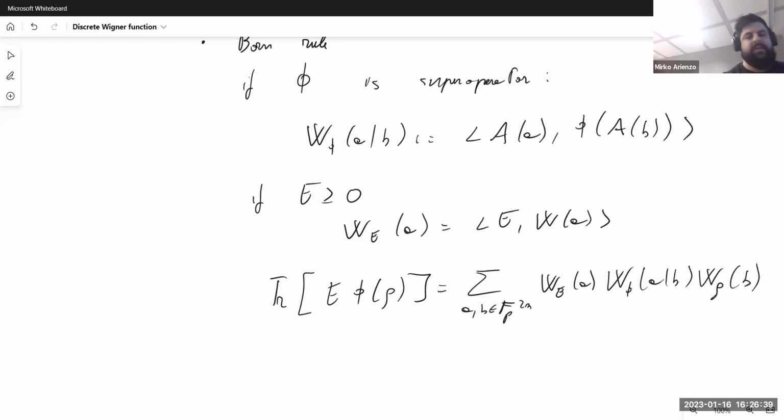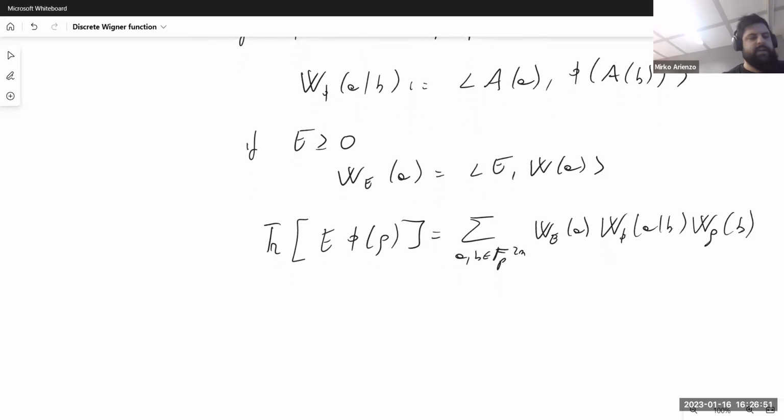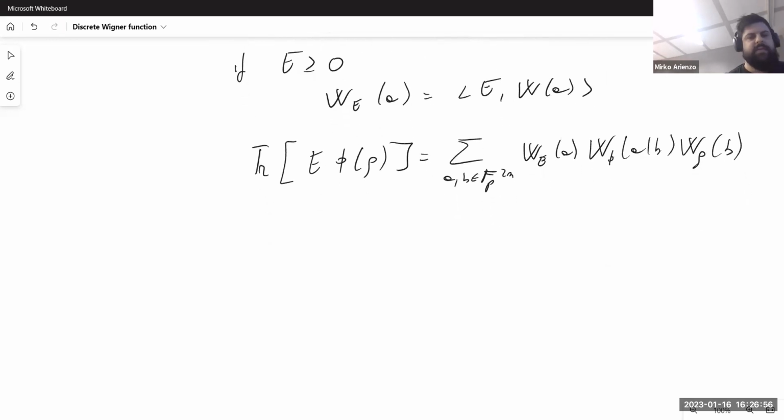And this last equation is basically what you can use to do some simulation using Monte Carlo methods. And I'll come back to this point later on.